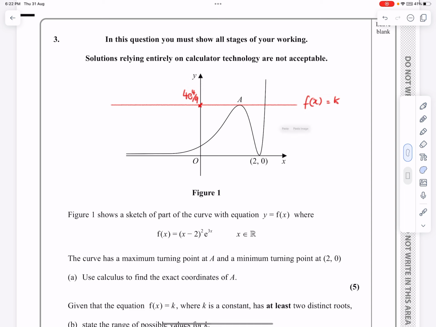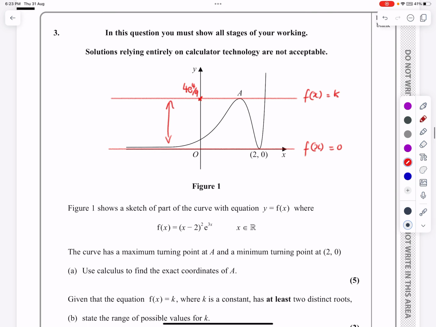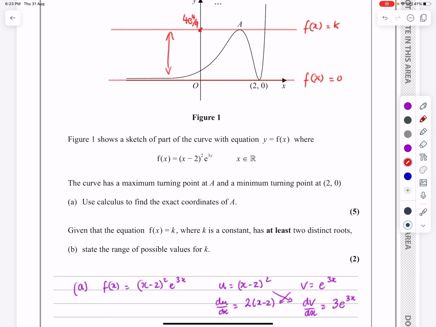So if I copy that line here, from there all the way down to that point there, which is where f(x) equals 0, in between those two, this is the range of values that k can be.